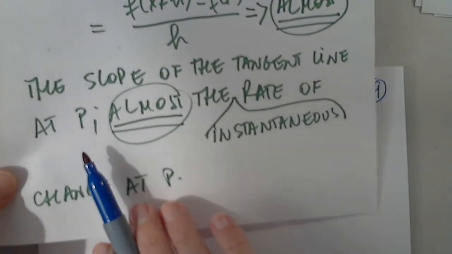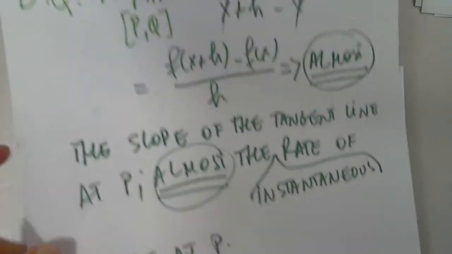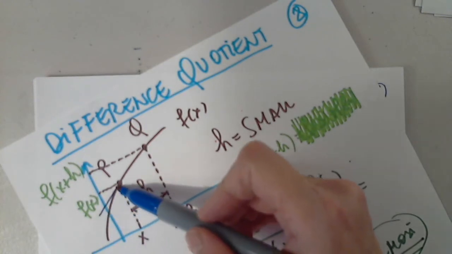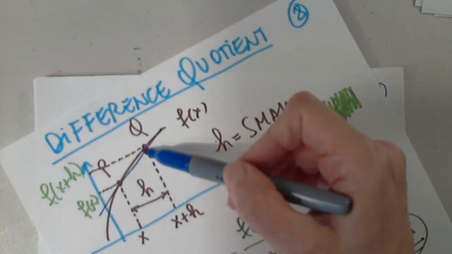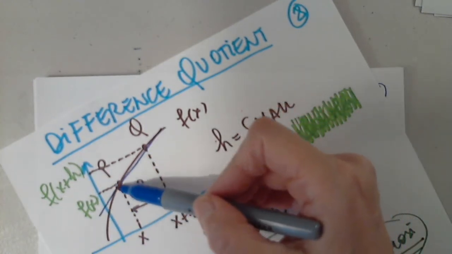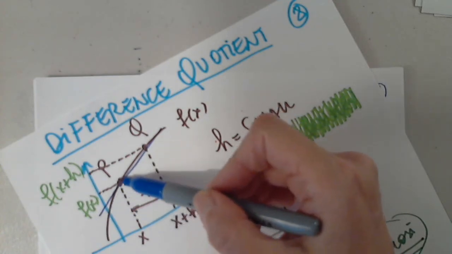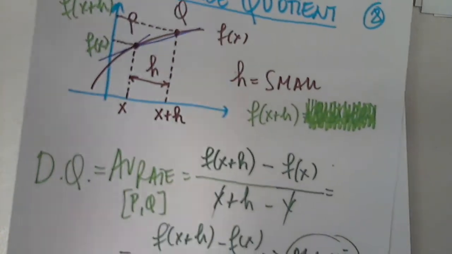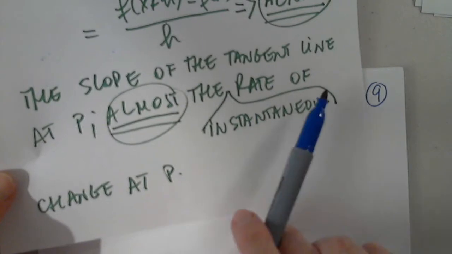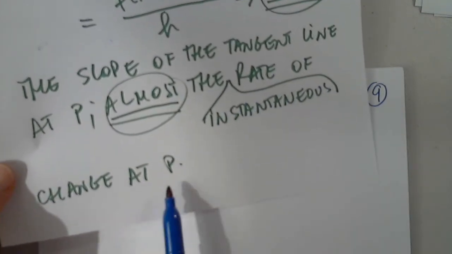The slope of the tangent line at P, you're going to see that later because this is the rate of change, but since Q is very close to P, it is almost the slope of the tangent line here. And almost the instantaneous rate of change at P. Okay, can anyone give us a quadratic function? Any?